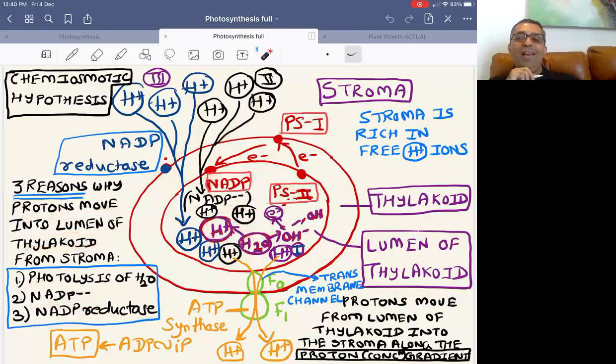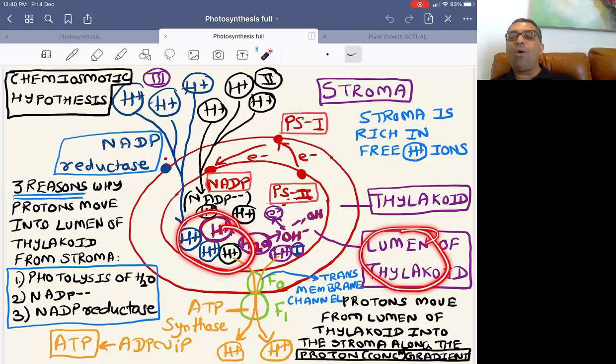Sounds familiar. Sir, in case of respiration, proton concentration in the intermembranous space had increased. Remember? Similarly, in photosynthesis, proton concentration in the lumen of the thylakoid will increase.